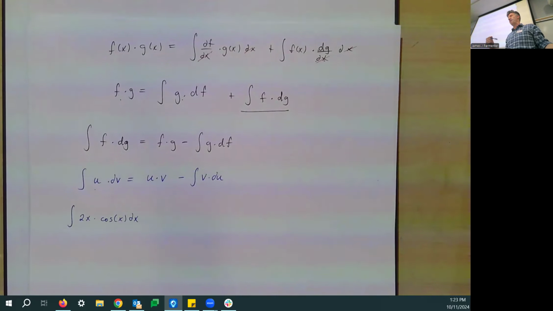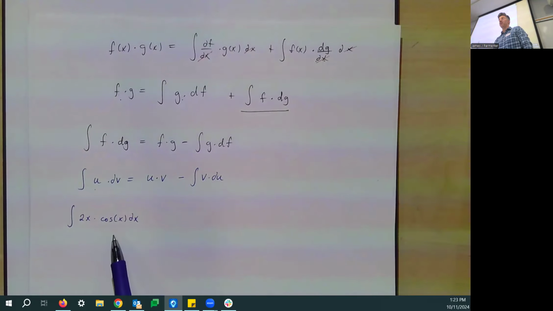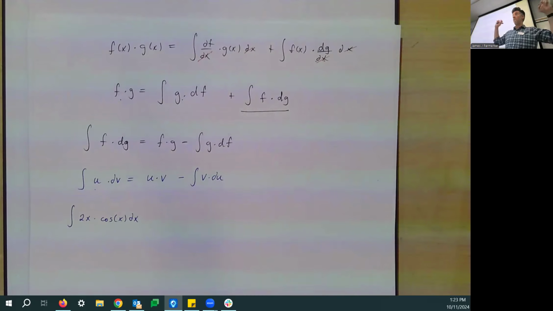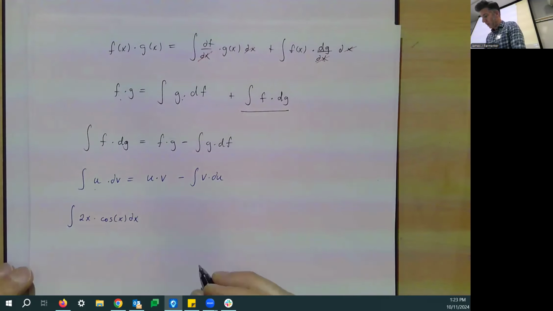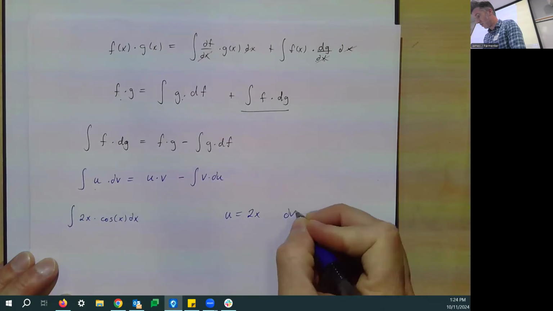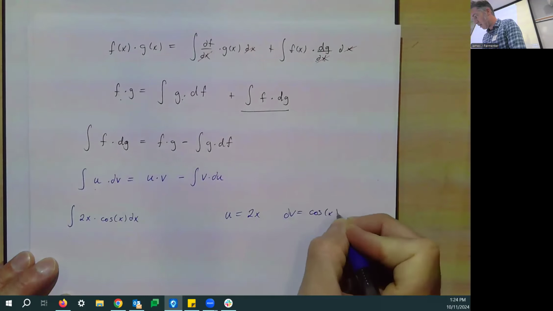And if I picked dv to be 2x, its antiderivative is x squared, and a higher power is more complicated. Whereas if I pick dv to be cosine, the antiderivative of cosine is sine. The derivative of cosine is negative sine. So picking dv to be the trig function is often the right choice because usually its antiderivative is not more complicated. So we're going to pick u equal to 2x and dv equal to the rest, including the dx.